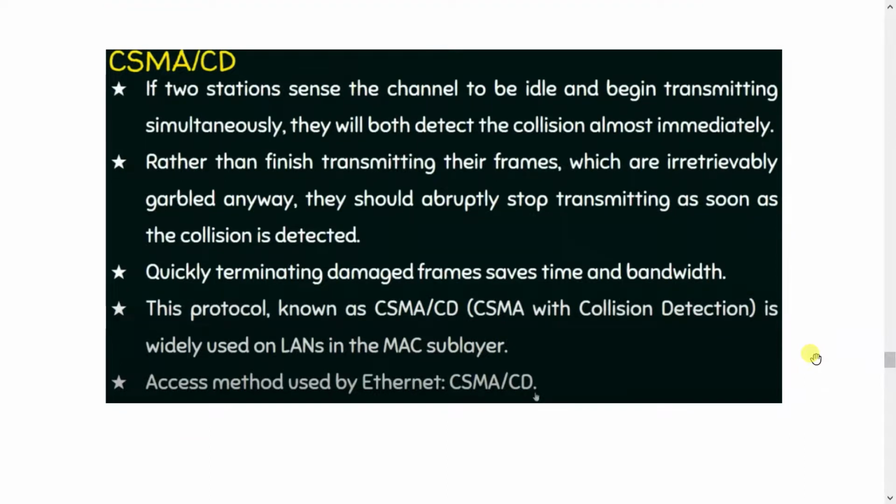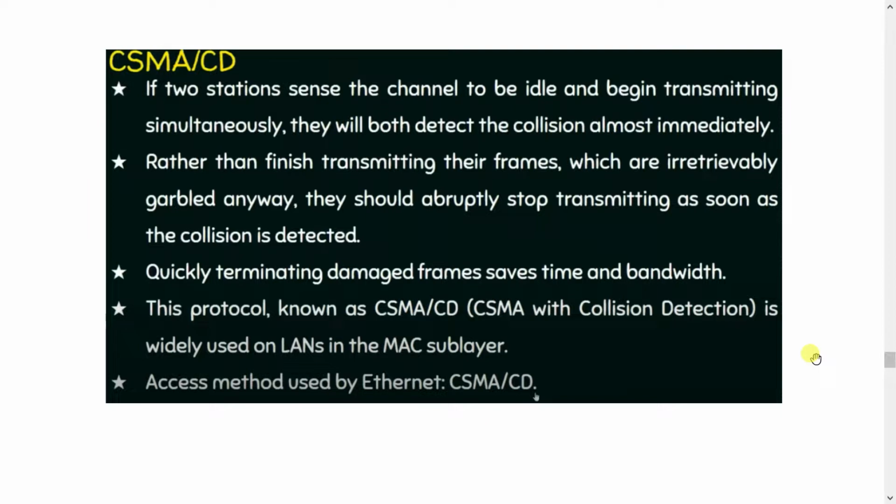In this protocol, if two stations sense the channel to be idle and begin transmitting simultaneously, they will both detect the collision almost immediately. Rather than finishing transmitting their frames, what would they do?